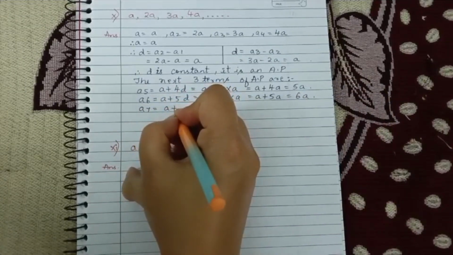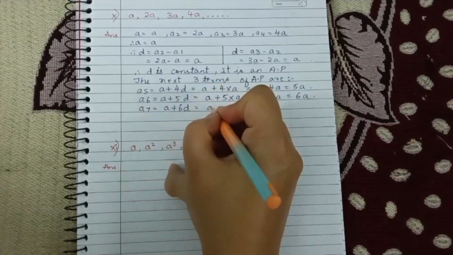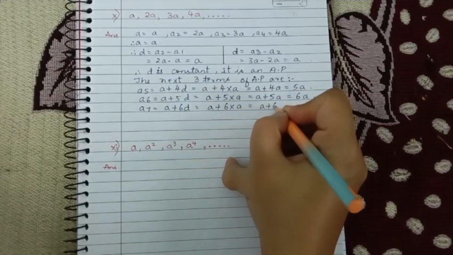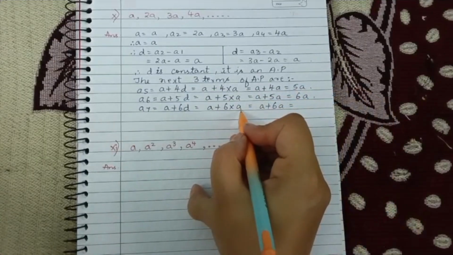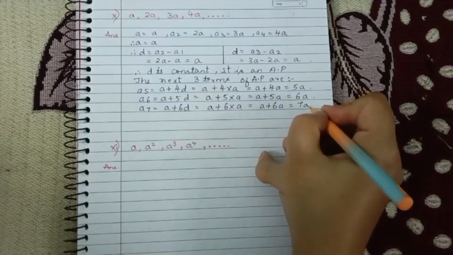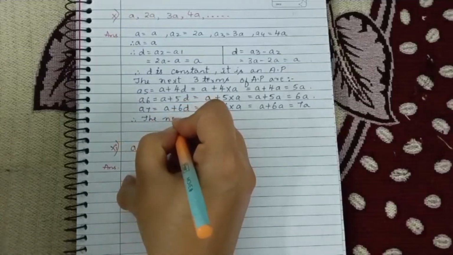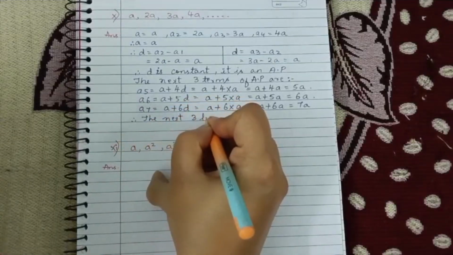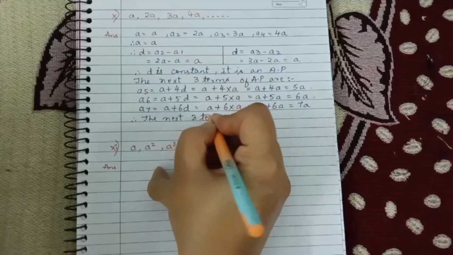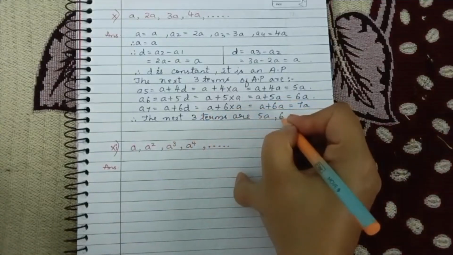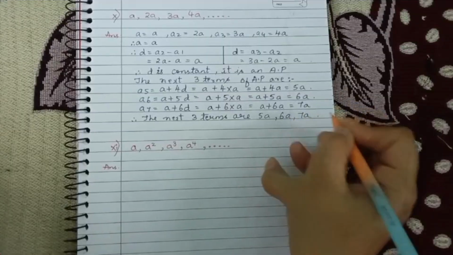A7, A plus 6D, A plus 6 into A is A plus 6A, that is 6 into A is 6A, A plus 6 is 7A. Therefore, the next 3 terms are 5A, 6A and 7A.